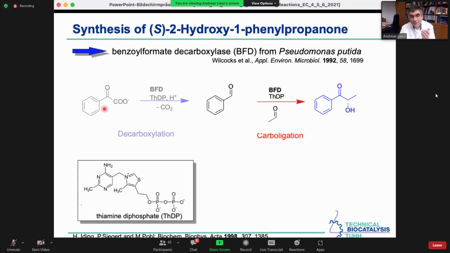The reason is easy. If you want to buy this on the world market, the pyruvate or the pyruvate derivatives, the benzyl formate, is much more expensive than the benzaldehyde or acetaldehyde. Therefore, from an economic point of view for your process, you're always starting in this direction with the benzaldehyde and acetaldehyde, because your starting materials are much cheaper, and you're sparing one additional step.